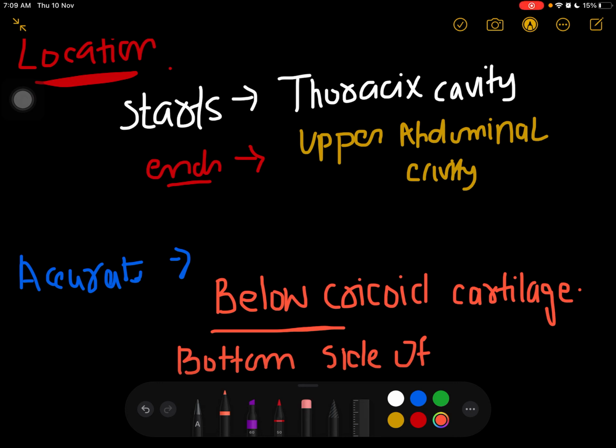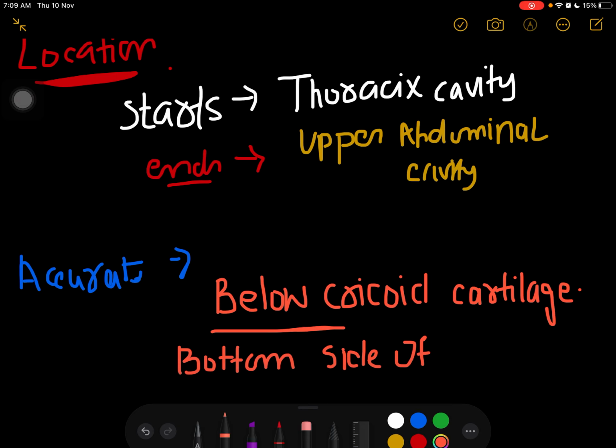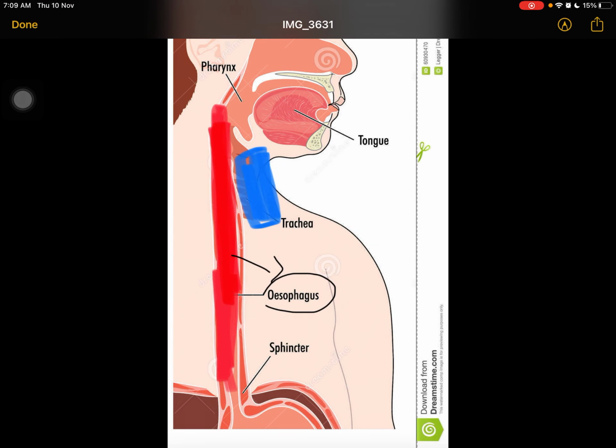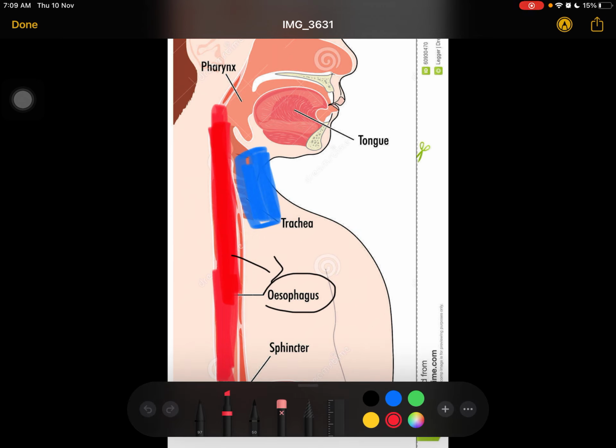If you can imagine the second diagram, it is given over here. Let me show you this.